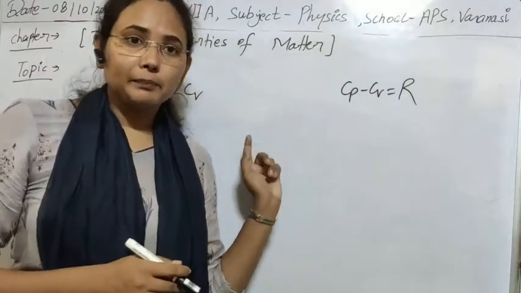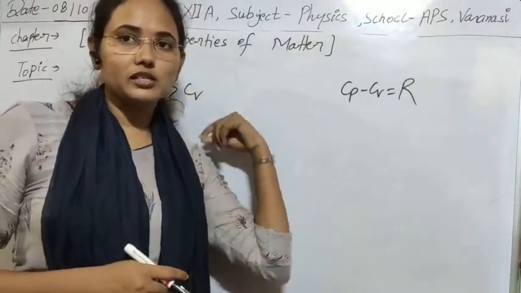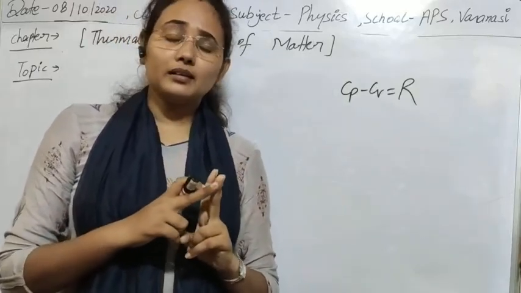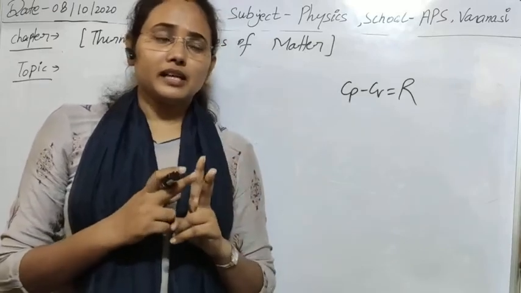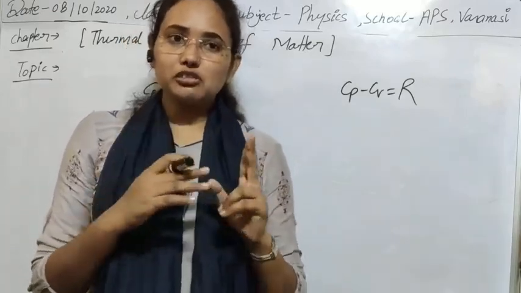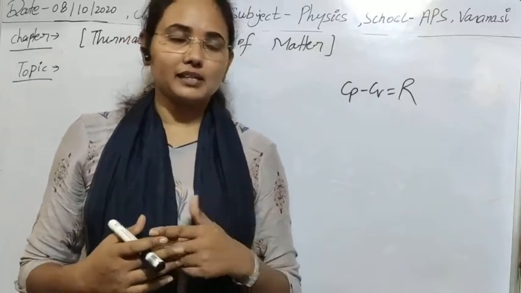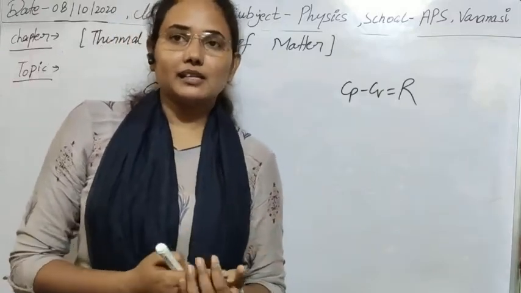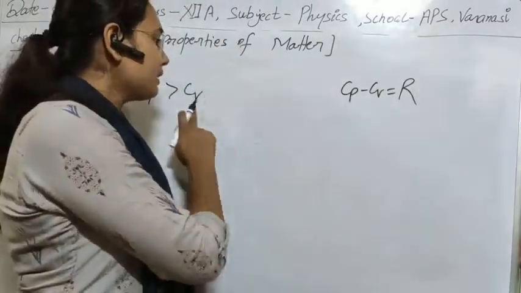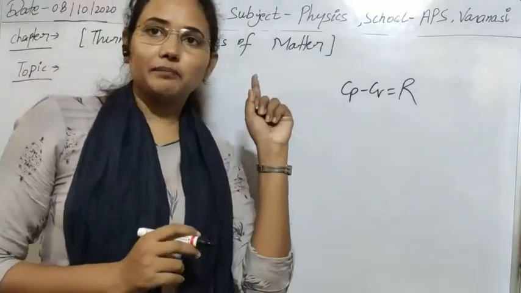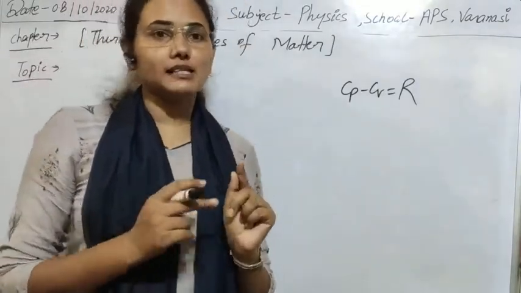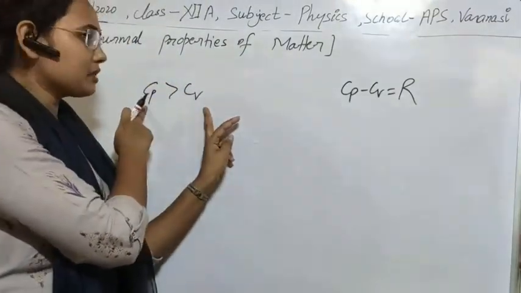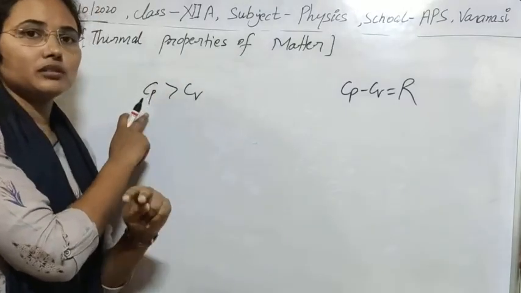But when we keep pressure constant, then at constant pressure heat is used in two ways. First, to raise the temperature, or to raise the internal energy. Second, to do some work in the expansion of the gas, means some of the heat energy is used to expand the gas. So definitely, to change temperature by 1 degree Celsius, there is a need of less heat energy in the constant volume case, because here heat is used in two ways.